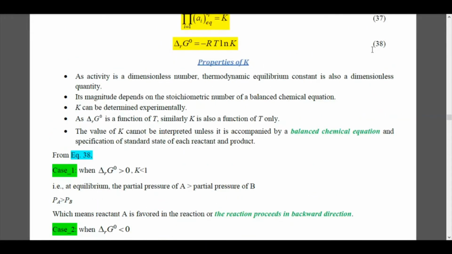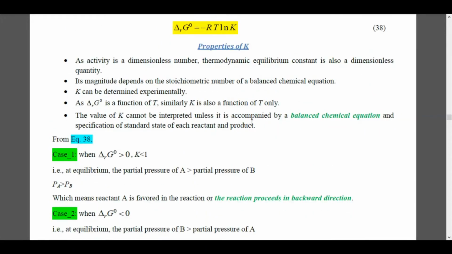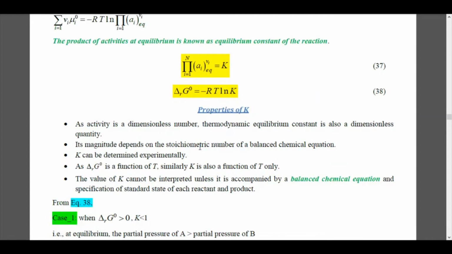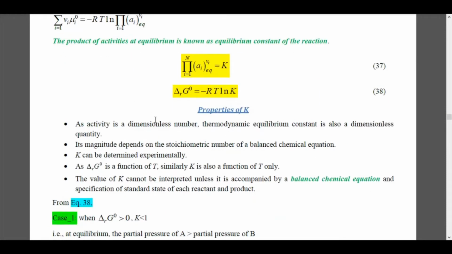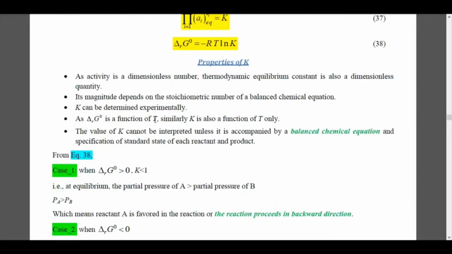So, from this equation 38, we can infer some conclusions. What are the conclusions? Case 1, when the reaction Gibbs energy at standard state is positive, K will be small. So, what does that mean? K is directly related to activities, or if it is a gaseous reaction, it is directly related to partial pressures.